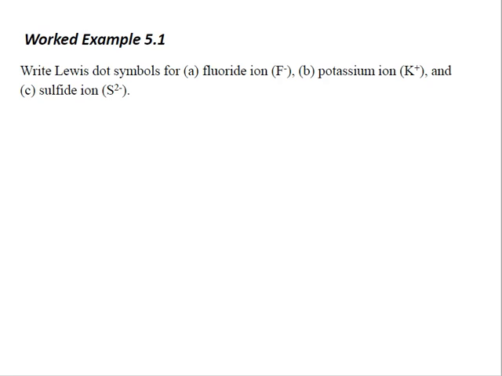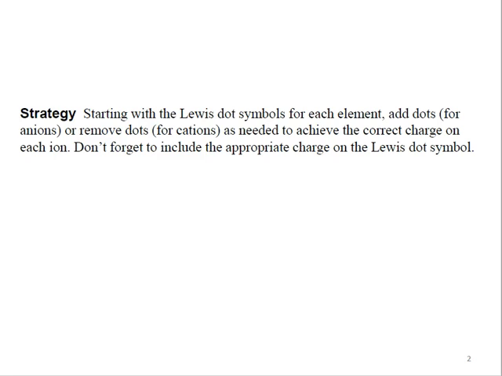Write Lewis dot symbols for A, a fluoride ion F-, B, potassium ion K+, and C, the sulfide ion S2-. Strategy here to do these Lewis dot symbols for the elements: you're going to use dots if you have ions, specifically anions, which are negatively charged, and you will remove dots for cations to achieve the correct charge.